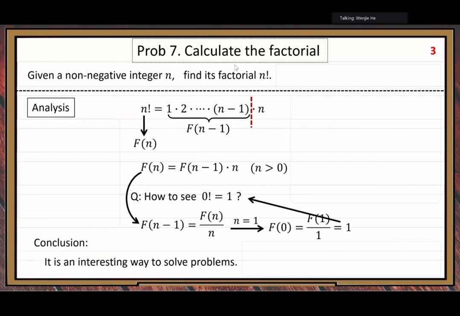When we do programming, when you take a summation, how do you write your code? You need to use a for loop to add up the elements in an array.